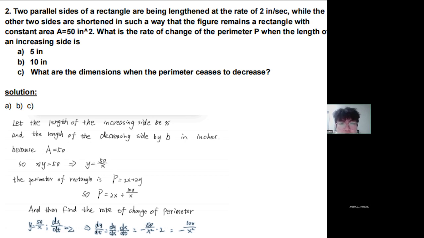What is the rate of change of the perimeter P when the length of an increasing side is: question A is 5, question B is 10? Question C: what are the dimensions when the perimeter ceases to decrease? This is the solution.